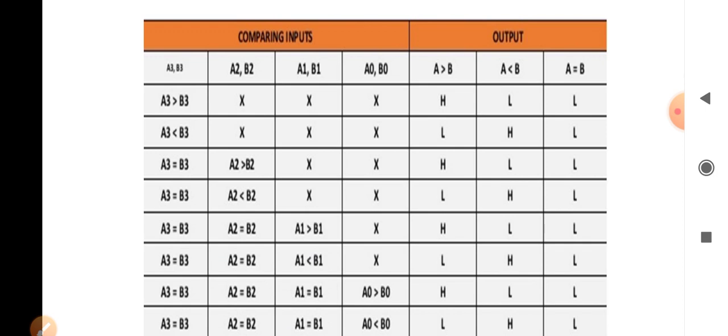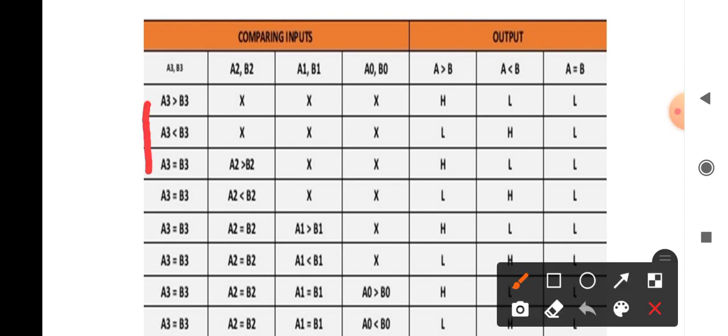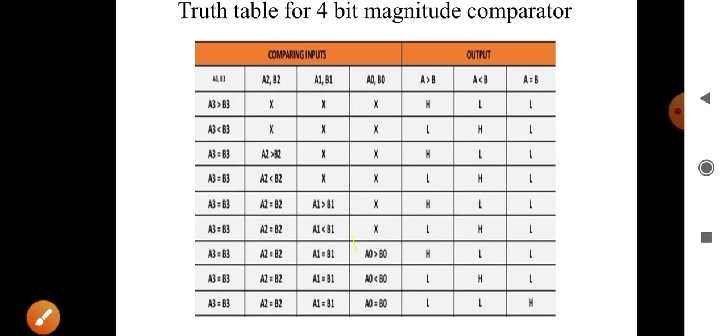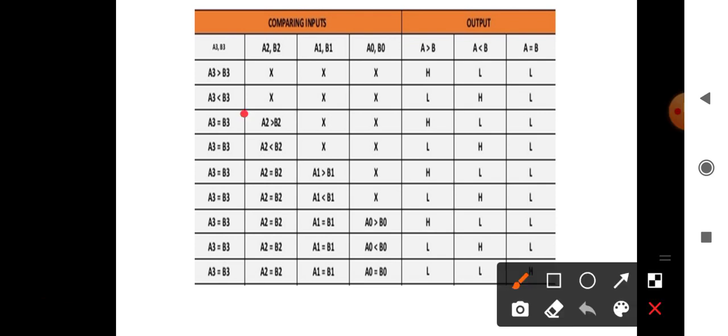And afterwards, if this condition is still sustained, see here A3 is equal to B3 for all these cases. Then A2 and B2 are being compared for these stages.